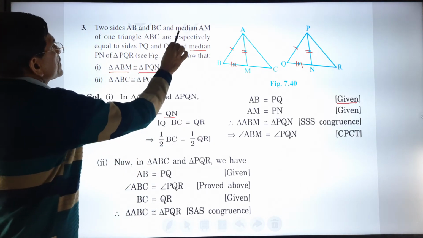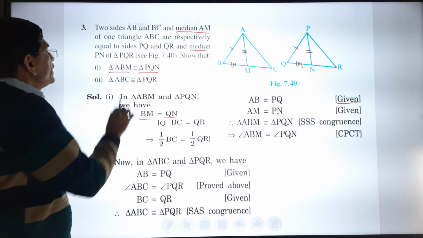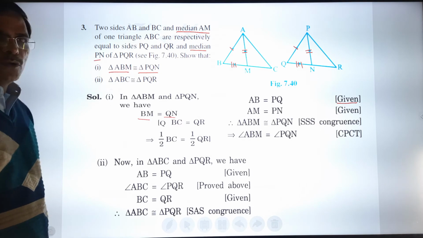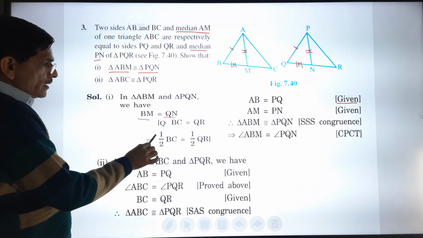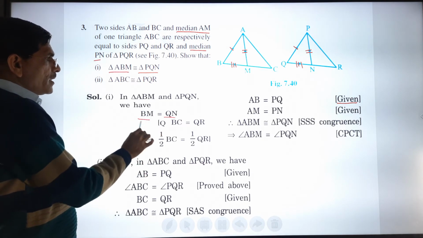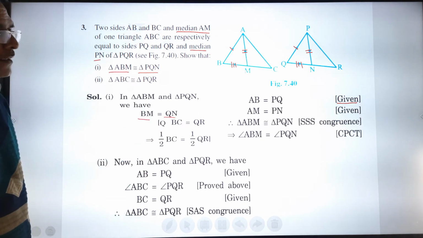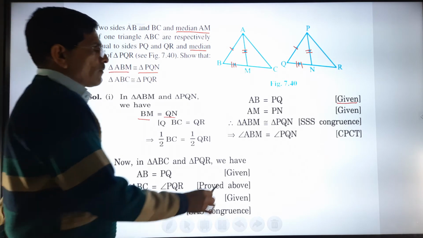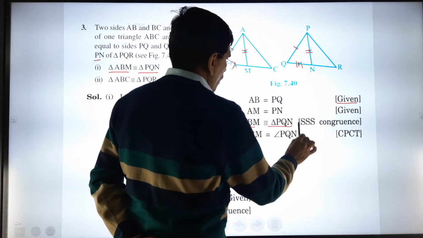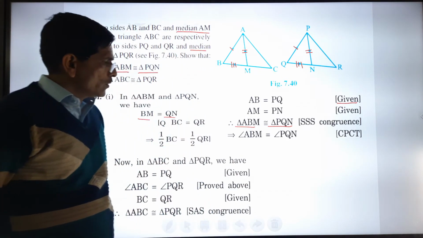The question says the medians are equal, and a median divides into two, so half of BC is equal to half of QR. Then we can say BM is equal to QN. Therefore, by side, side, side, triangle ABM is congruent to triangle PQN.